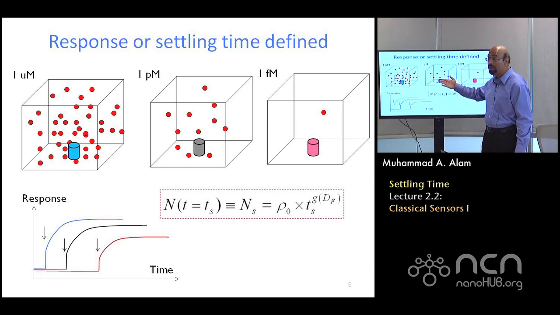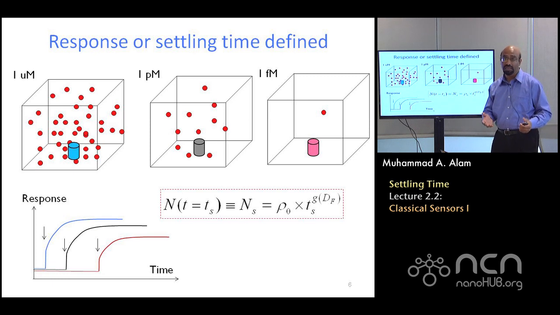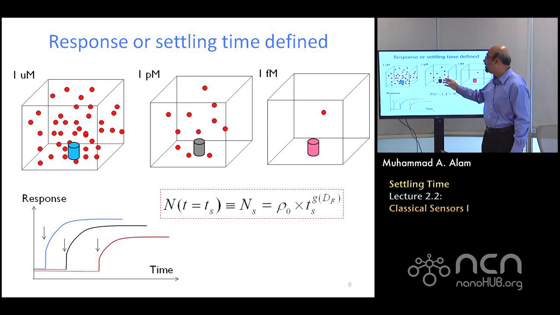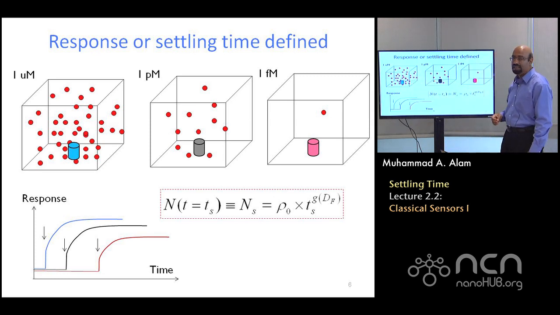However, if you are in a picomolar, far fewer molecules are swimming around. The first one may get captured accidentally, quickly, but in general, others will take longer compared to the previous case. And if you had really low density, like a femtomolar, you have a single molecule within that box, it may take forever for the molecule to actually show up.